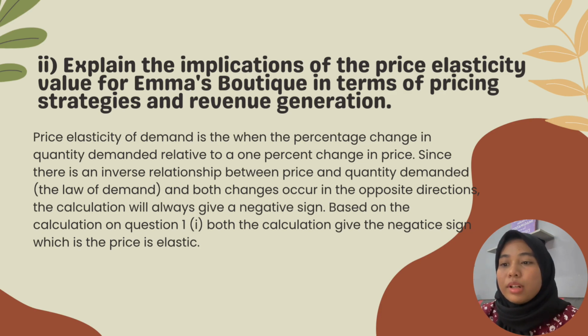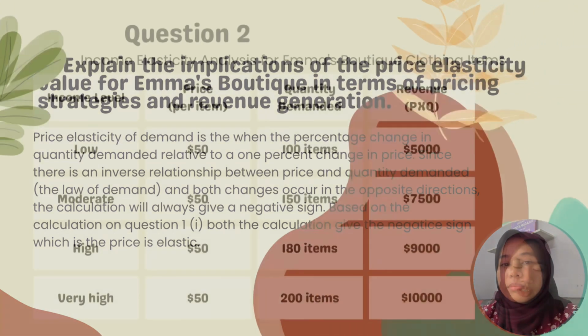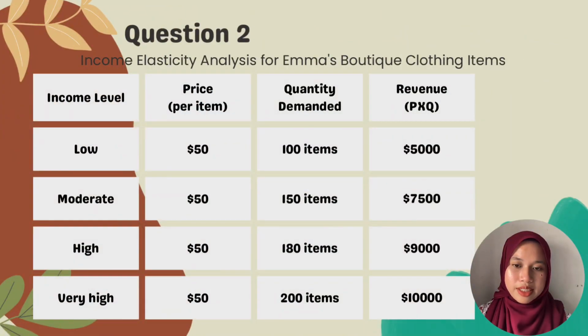Since there is an inverse relationship between price and quantity demanded, the law of demand, and both change in opposite directions, the calculation will always give a negative sign. Based on the calculation in question 1, Roman 1, both calculations give a negative sign, which means the price is elastic.